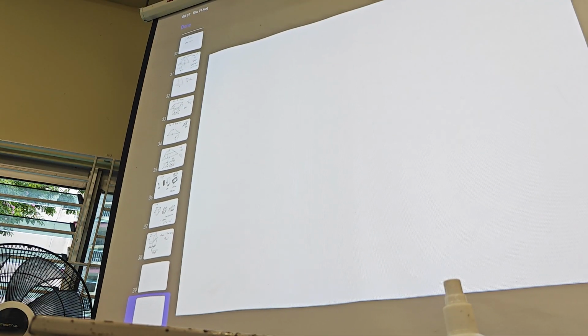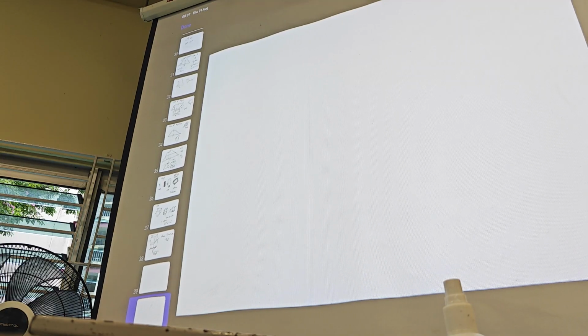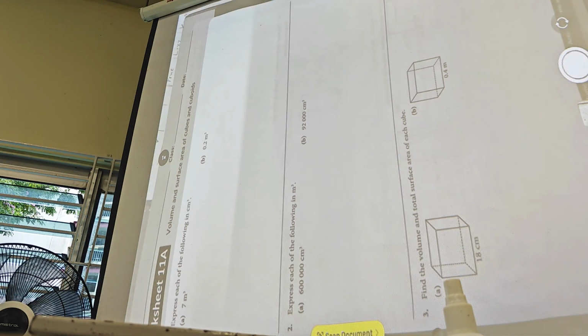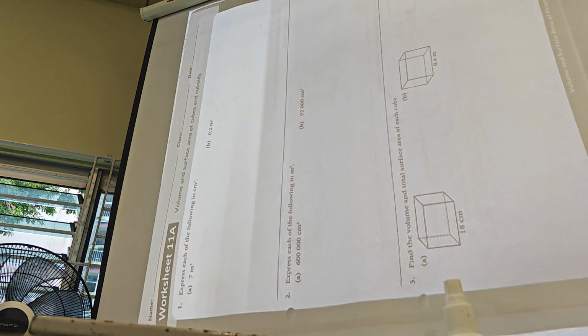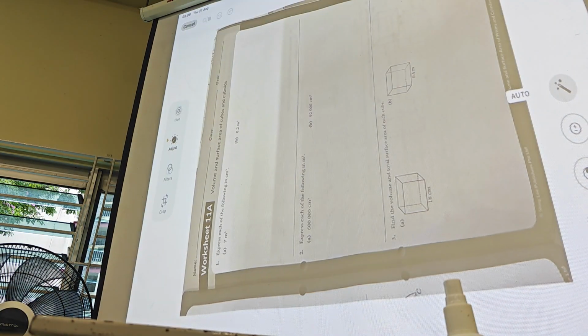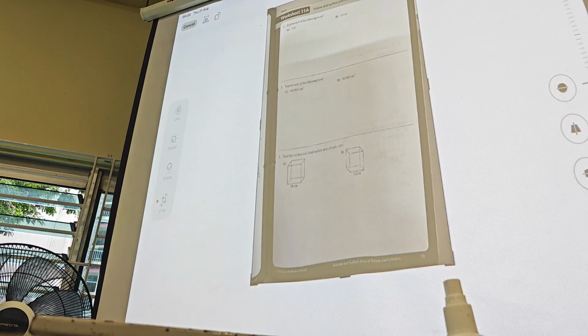So, workbook. Let's go to the earliest question under volume. Workbook page 73. Okay, remember when we started with area, they also had a similar question.